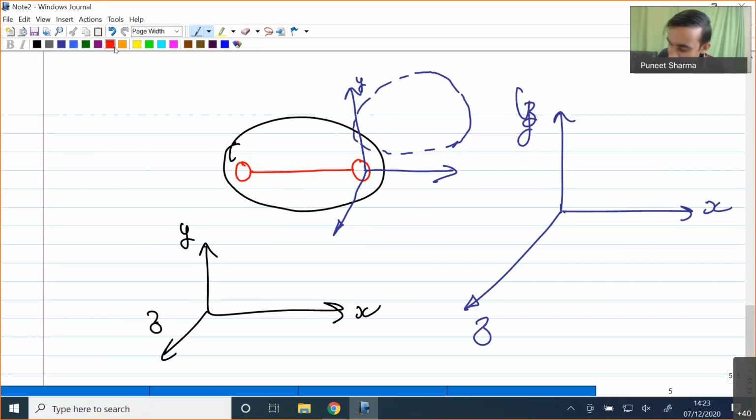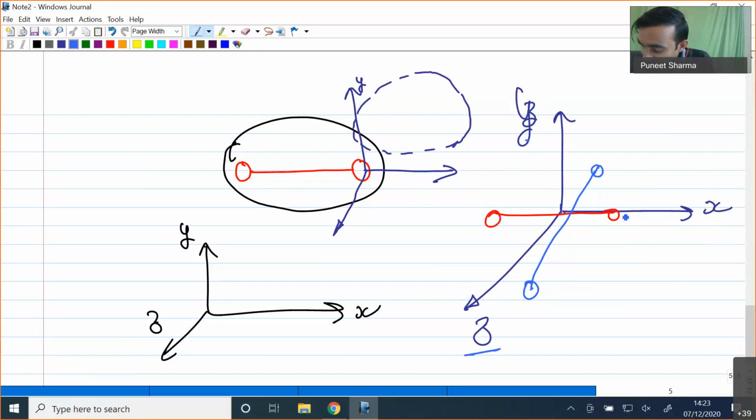So if initially my molecule was in this orientation, and after some time, if molecule is taking this particular orientation, it means this molecule is now rotating in xz plane. Okay, so obviously it will be having some rotational kinetic energy about the y-axis, and similarly if it rotates about the x and y plane, then it will be having some rotational kinetic energy about z.